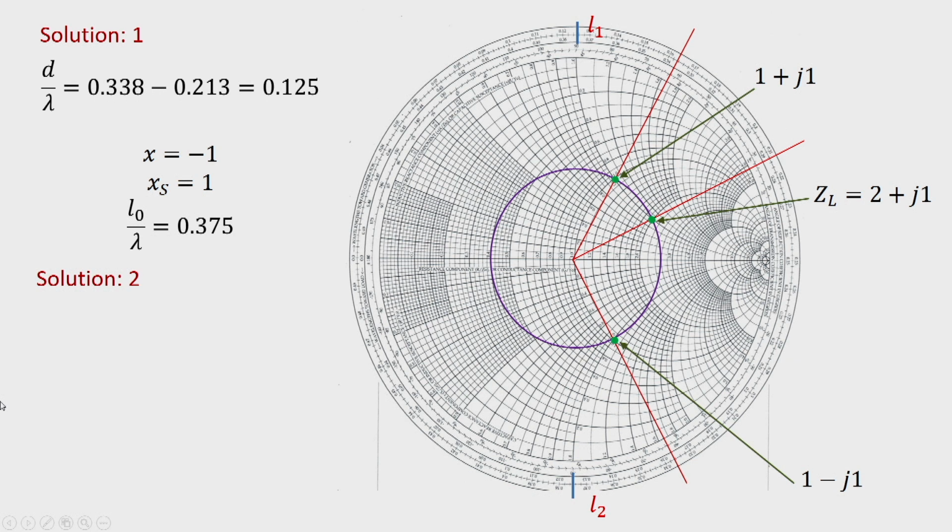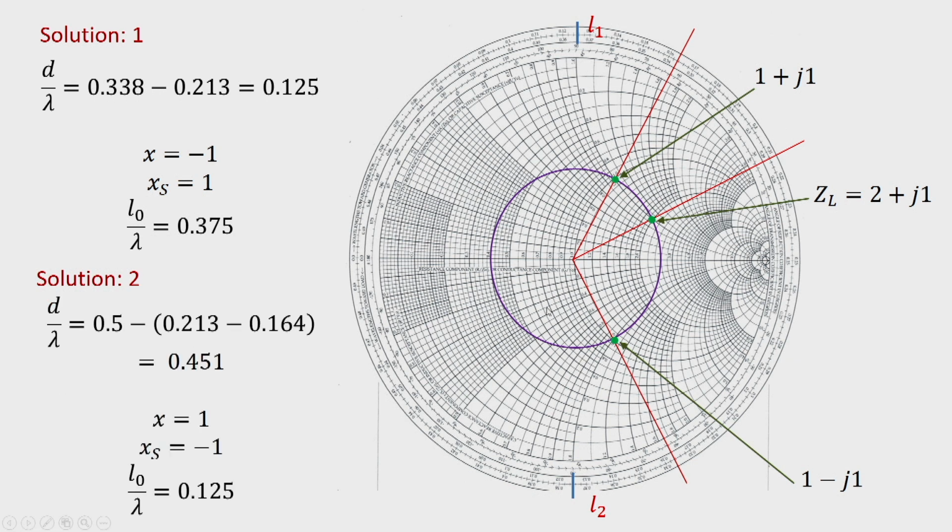The second solution, we have d by lambda is, this is 0.5 minus this distance, that means 0.213 minus 0.164, this arc length, and this comes out to be d by lambda equal to 0.451, and for this solution we require excess to be equal to minus 1.